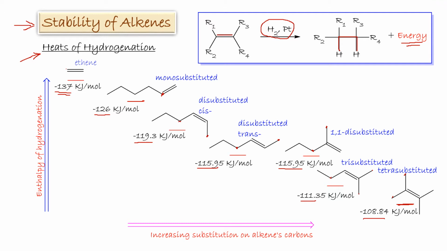And that's called Zaitsev Rule. Zaitsev Rule. We'll come to it later on in this lecture. If it's mono-substituted, the energy released is almost the same for hexene, pentene, butene, for the same trend for disubstituted and tri-substituted and tetra-substituted.